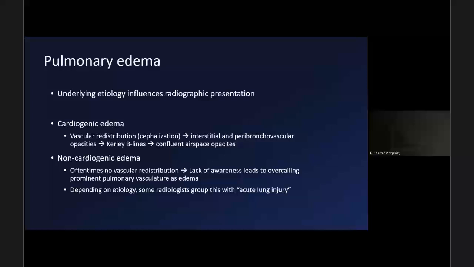Kerley B lines are these horizontal lines in the periphery of your chest X-ray, the key being that they touch the pleura, okay? They touch the pleura. If they do not touch the pleura, they are not Kerley B lines, they are something else, probably atelectasis. And then after that, you can start seeing these more confluent airspace opacities that often describe that bat wing appearance, the perihilar opacities.